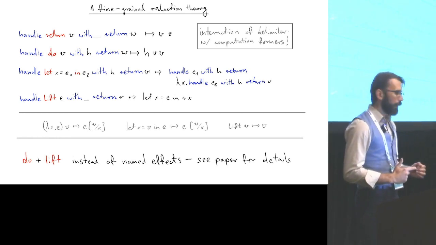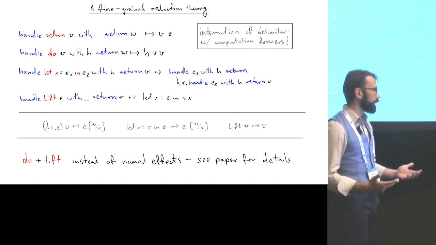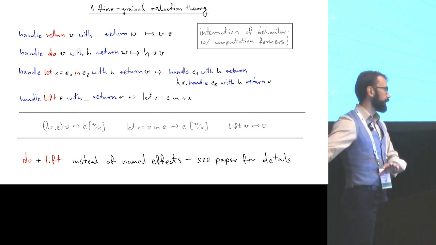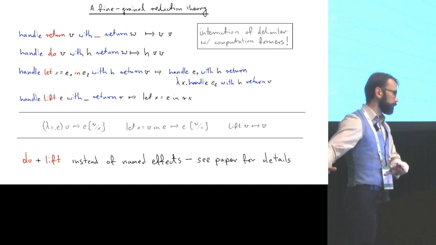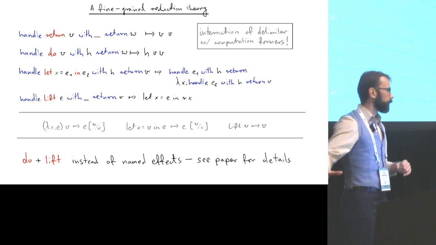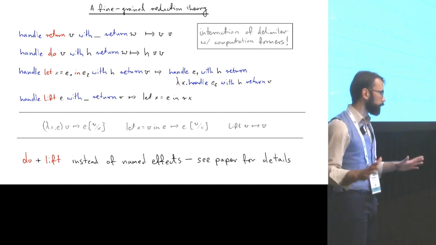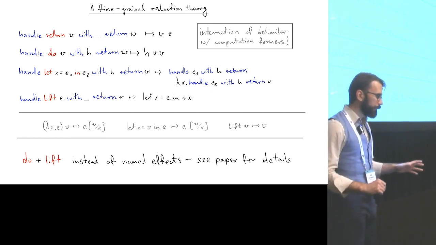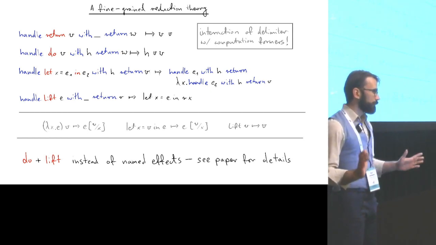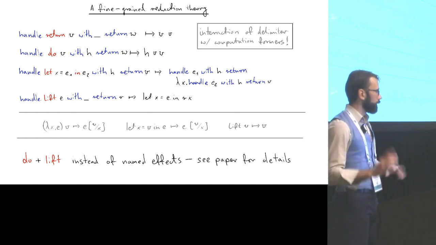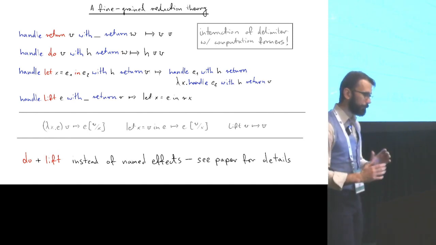And we can have a computation that is some other operation that the handler does not know about, like the tell in the example before, and this is expressed through the lift. I will not go into too much detail about the do and lift. There's some interesting stuff going on there, but you'll have to see the paper.